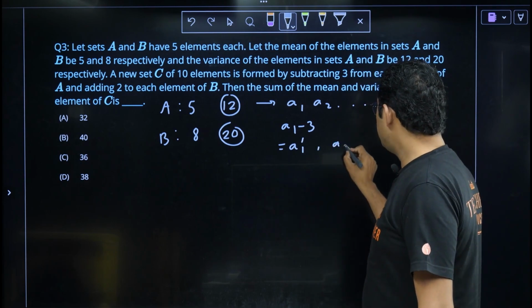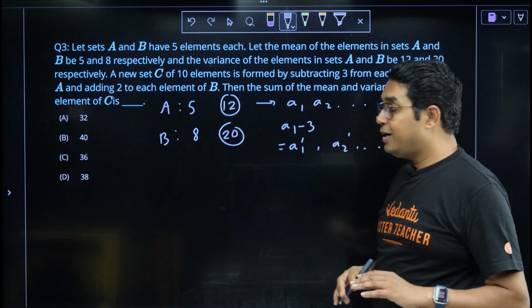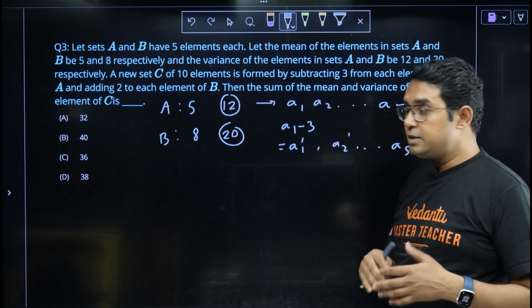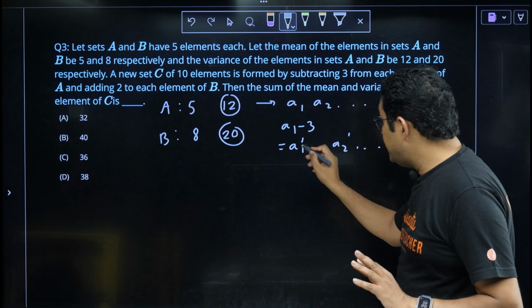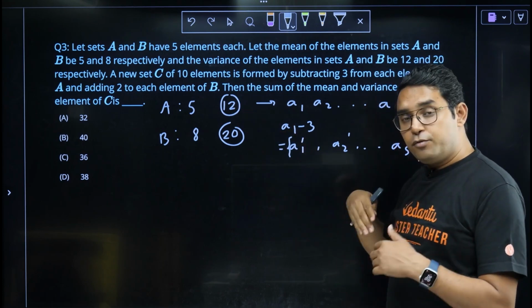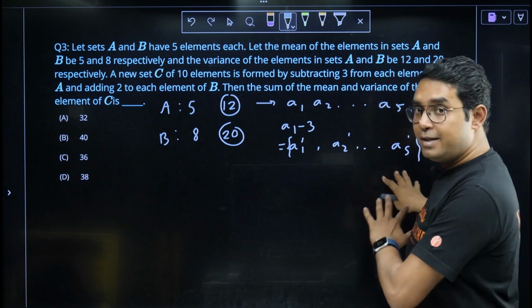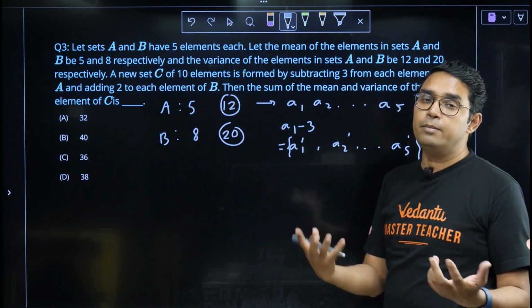Similarly, A2 dash and so on, A5 dash. Now you know the property that if every data point is subtracted by a fixed number, variance doesn't change. These entries are going to become part of the new set C, so from the beginning itself, I am making them like this. I will do the calculation on A1 dash, A2 dash, so that my calculation for C becomes easier.